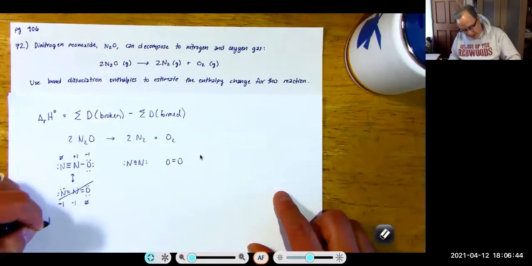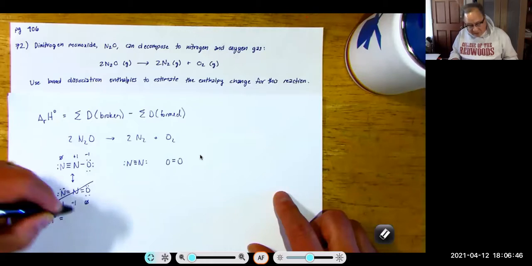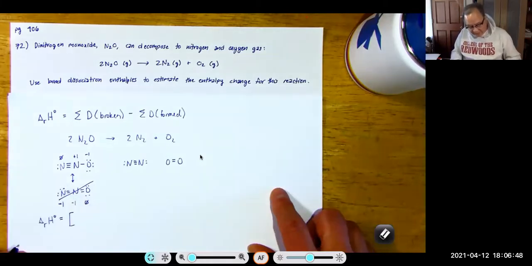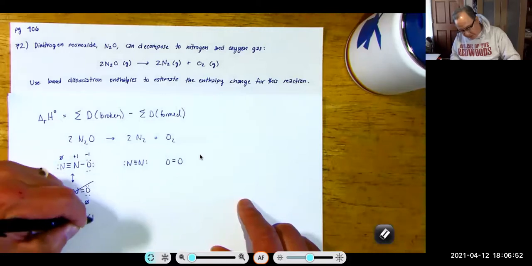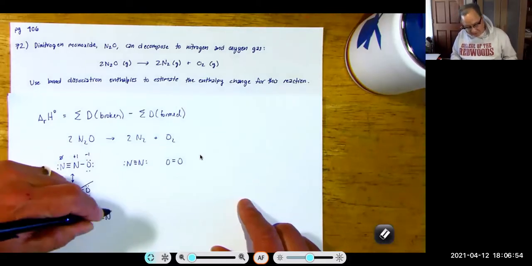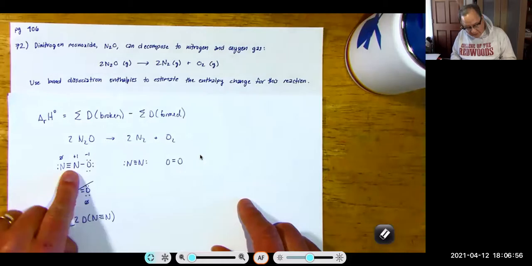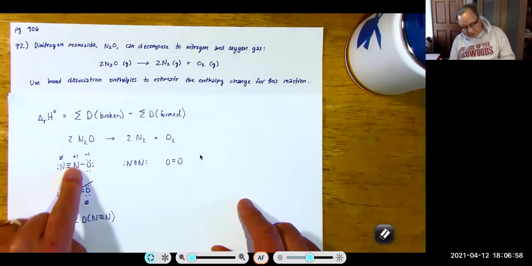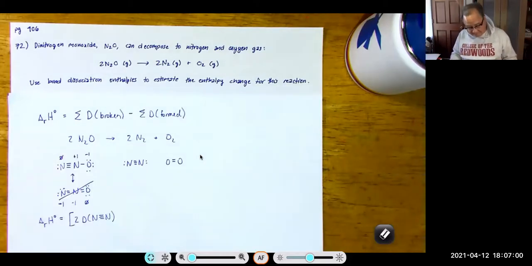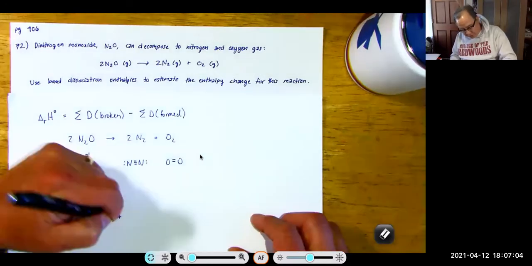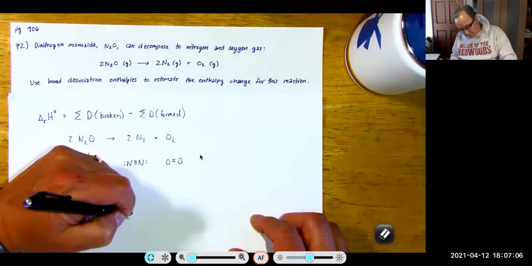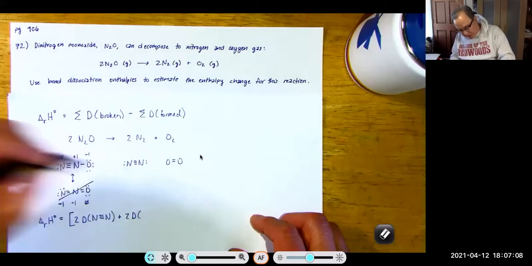So for the bonds that are being broken, we have 2 nitrogen-nitrogen triple bonds, 1 here, but since we have the coefficient of 2, that really means 2 total, okay? And then 2 for the nitrogen-oxygen single bond.